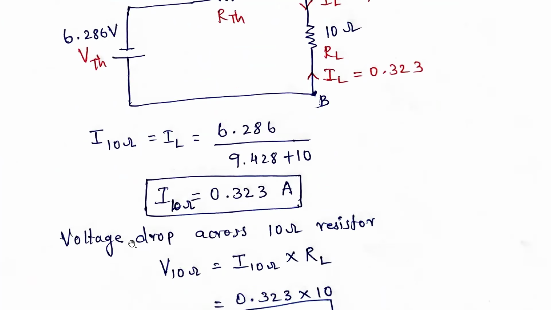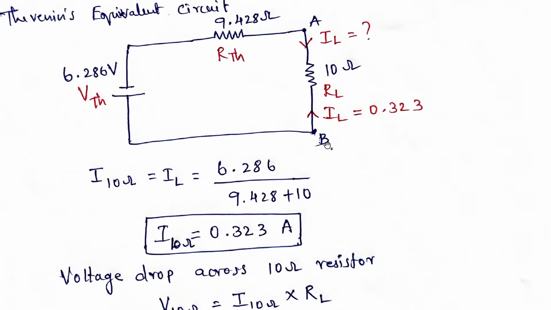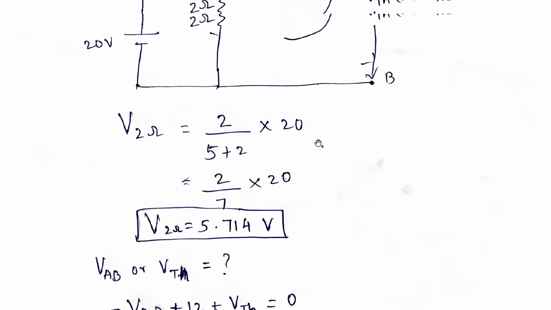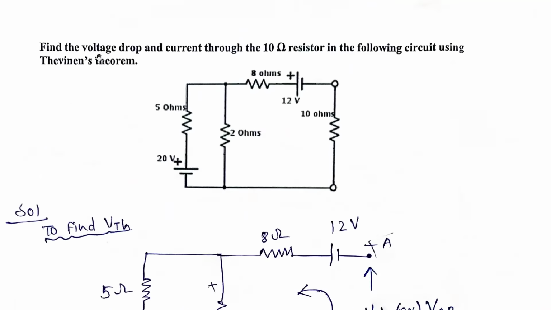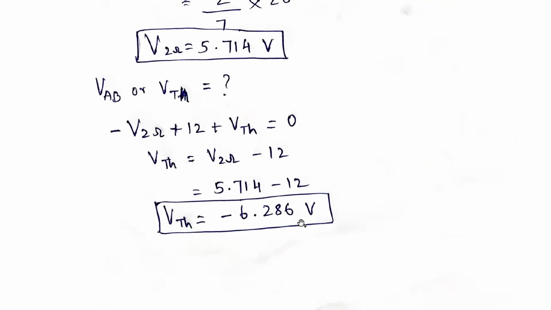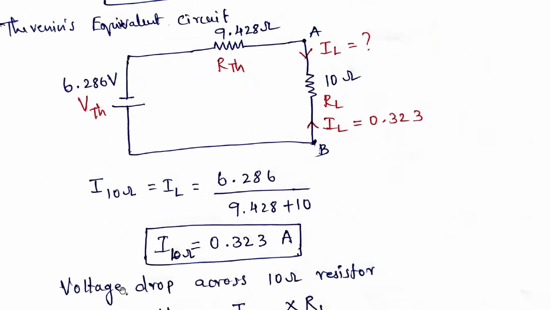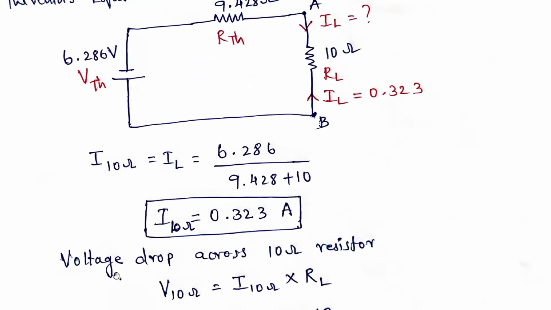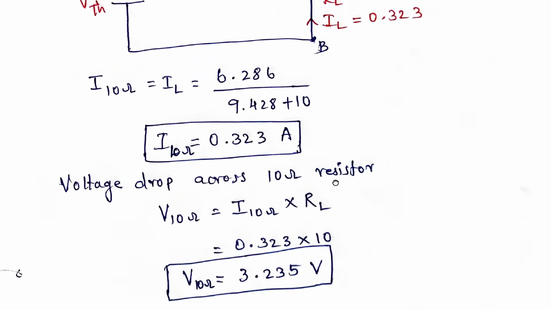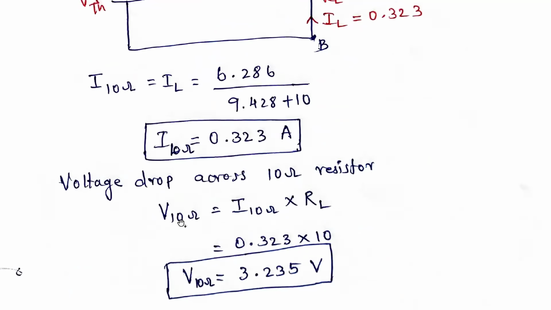Now we are going to calculate the voltage drop across this 10 ohm resistor, because in the problem they ask to find the voltage drop and current through the 10 ohm resistor. The current through the 10 ohm, or IL, we already found out. Now we need to find the voltage drop across the 10 ohm resistor, which is I 10 ohm into RL.